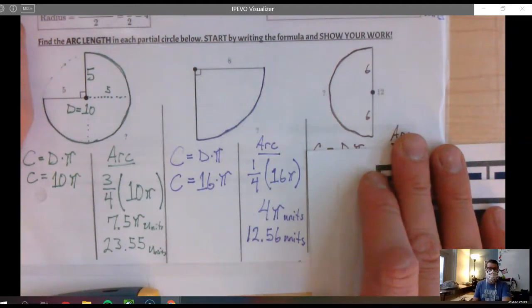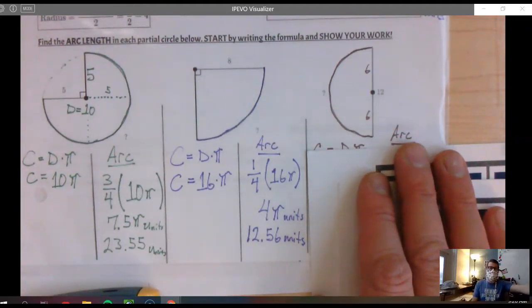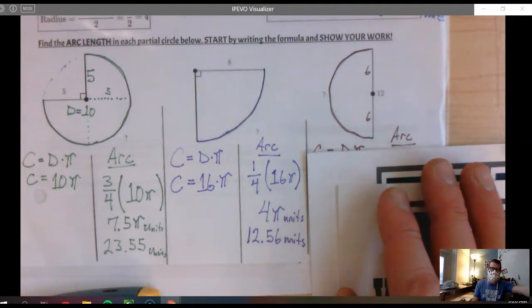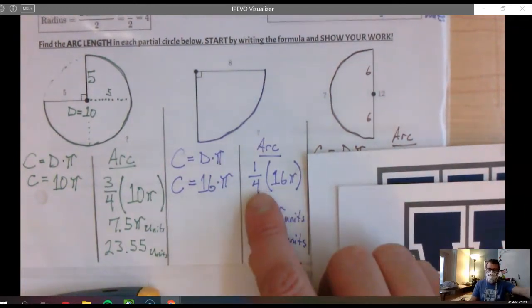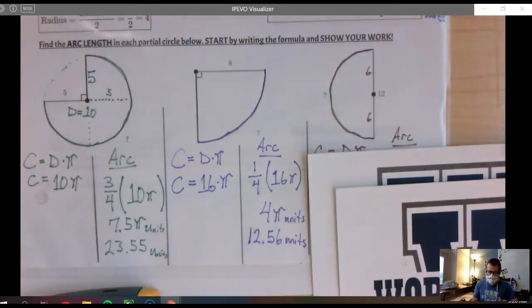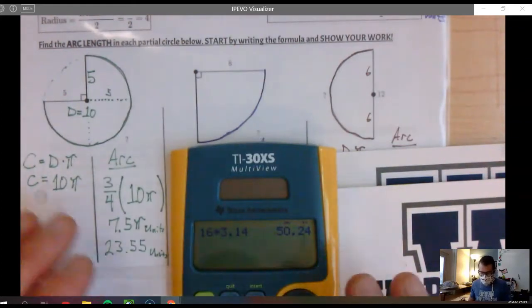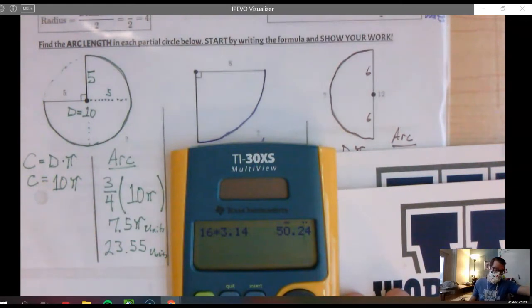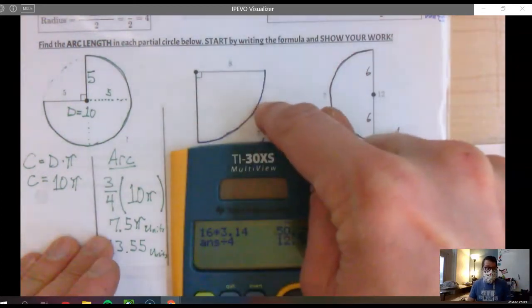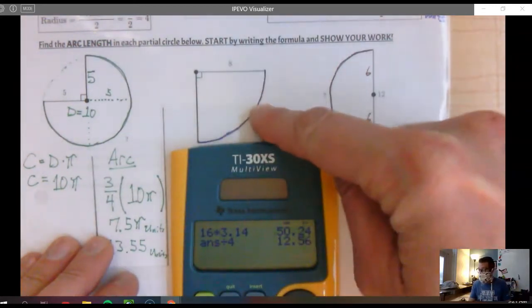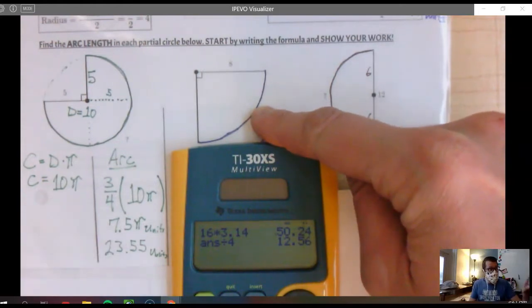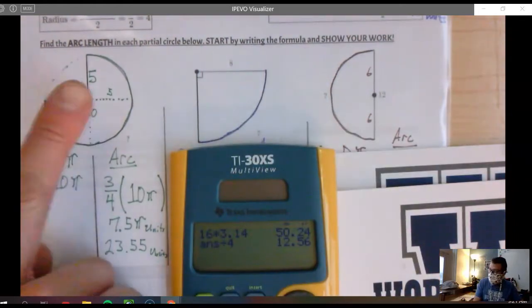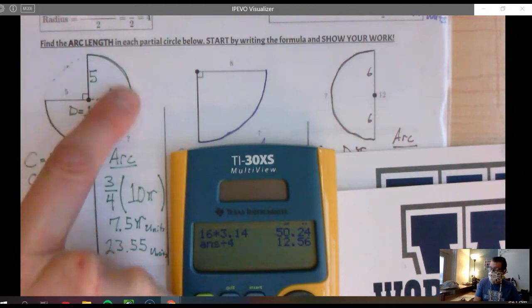Guys, please ask questions if you're confused, but I think they're just digging in their heels and trying to make division work. I suggest we just multiply. So when we do this, what could work, I'll give you some credit here, guys. What could work in this one is we just divide by 4 because this is a fourth of the circle. But in a problem like this, it's 3/4.